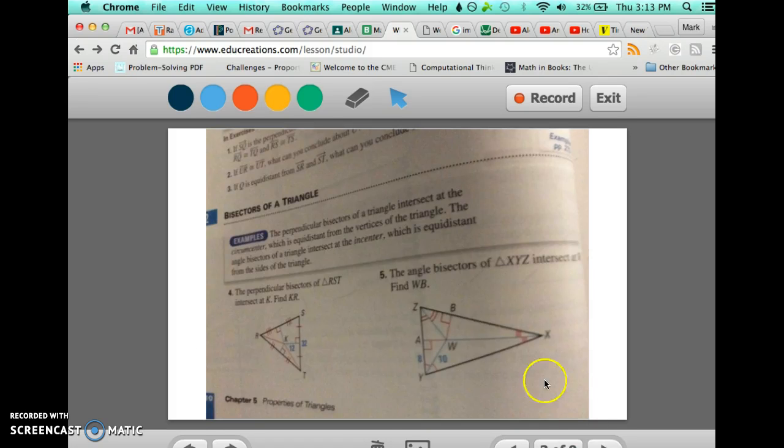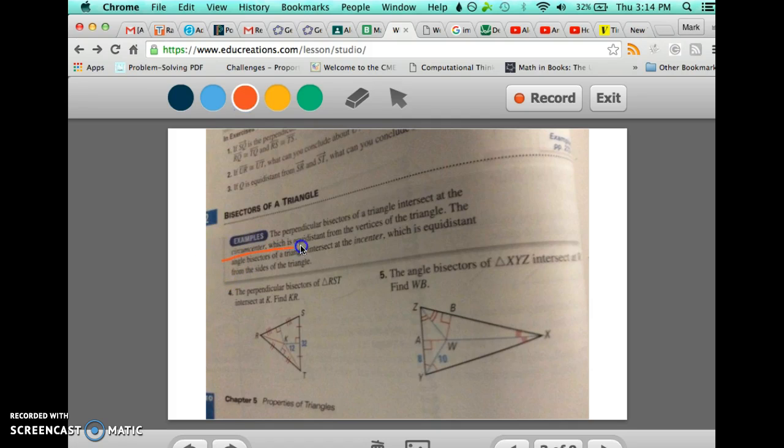All right, the next question gives us more perpendicular bisectors, and it tells us, hey, where they intersect, the circumcenter is equidistant from the vertices of the triangle. Not to be confused with the angle bisectors, which that's going to be number 5.